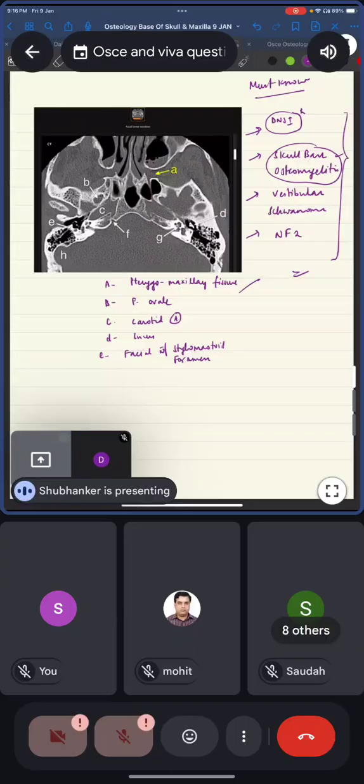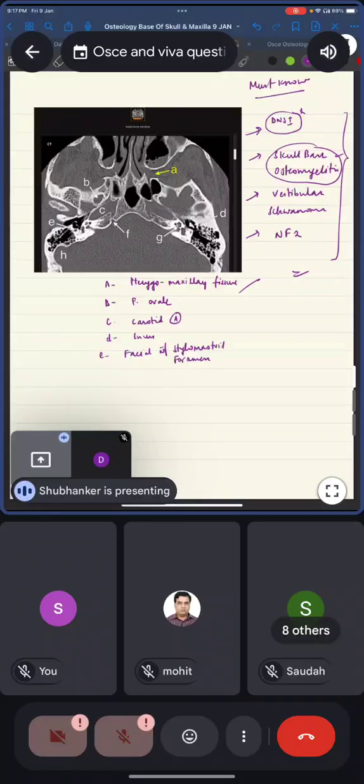For example, we'll decide that tomorrow we'll revise skull base osteomyelitis. So you have an entire 24 to 48 hours to revise it. Revise it once, and around 9 o'clock, keep your mobile in your hand and just participate. What all OSCEs and questions can come from that section, I'll share in a phased way from 9 o'clock till 9:10, 9:15, and along with the answers we can discuss on WhatsApp itself.